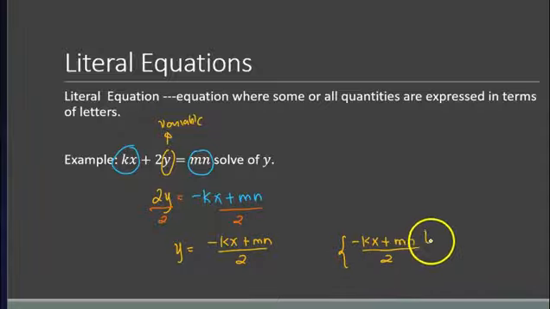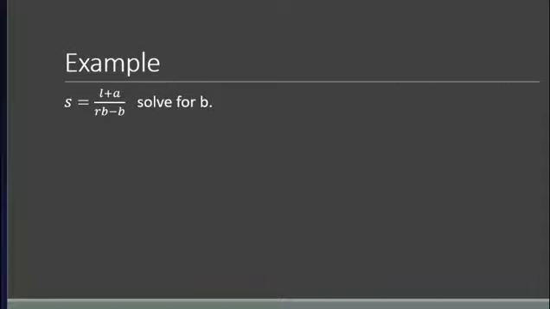Sometimes it will be a little bit more challenging and sometimes it's just straightforward. Like in this case, we want to solve for b. But if you notice, b is in the denominator. So I would like to multiply both sides with this one, or what you can say is cross multiply. So we can have this.